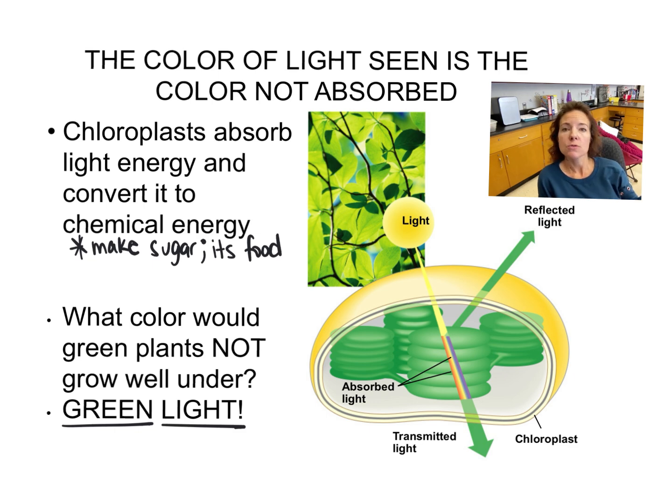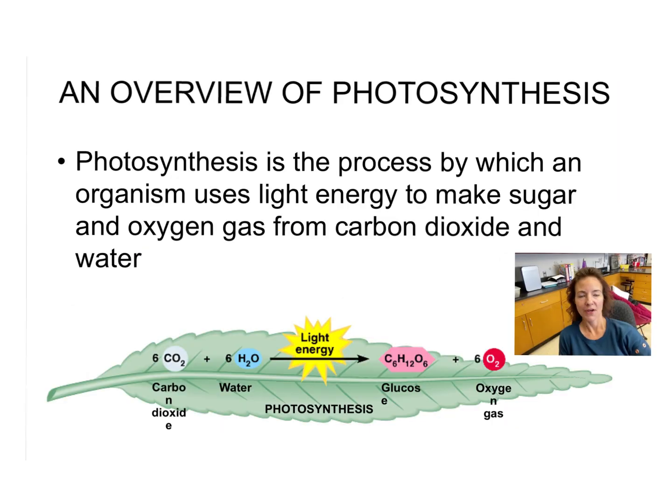And plants don't absorb green light, at least our plants that are green are not going to be absorbing the green light. They wouldn't have been able to get any of the sun's energy because all the light energy coming through the bottle would have been green energy only. All the rest of the colors would have been reflected, and the plant would not have been able to get the energy it needed. So let's review all of that.